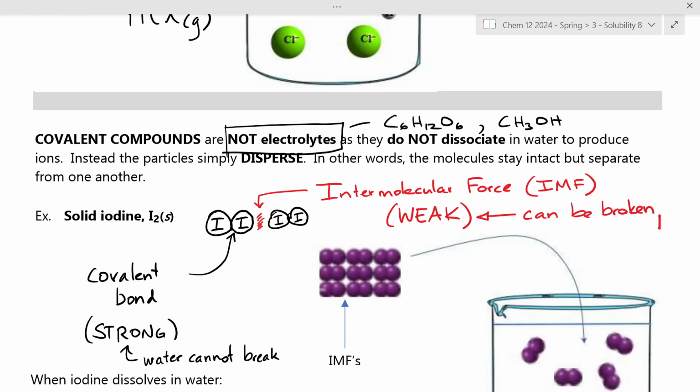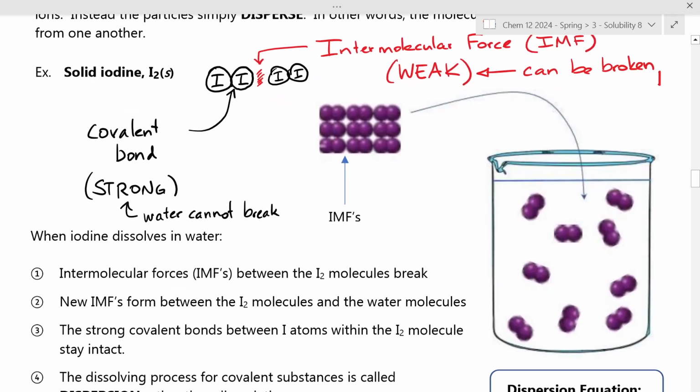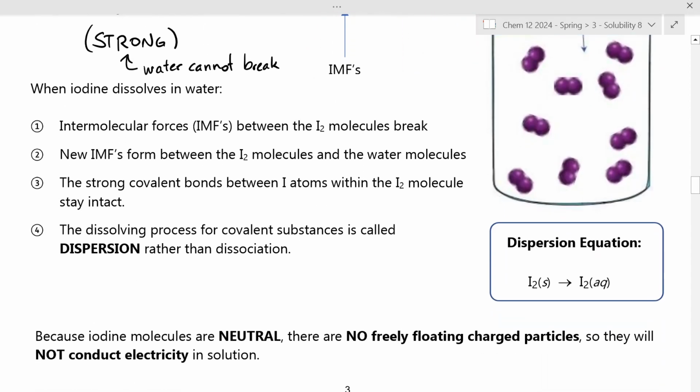Don't worry about the details of that. You don't need to know any of them for grade 12, okay? All you need to know is that water can break the IMFs in, say, iodine, and so water is there, iodine is floating around, and all the I2s are still intact.